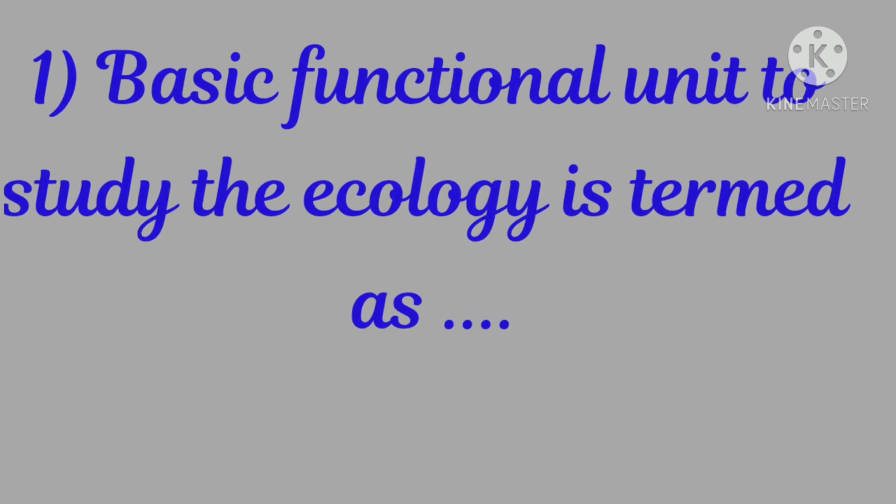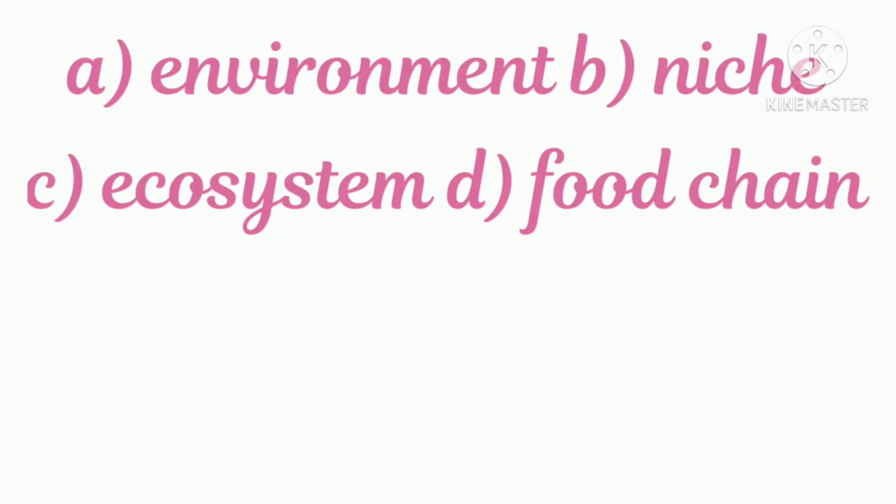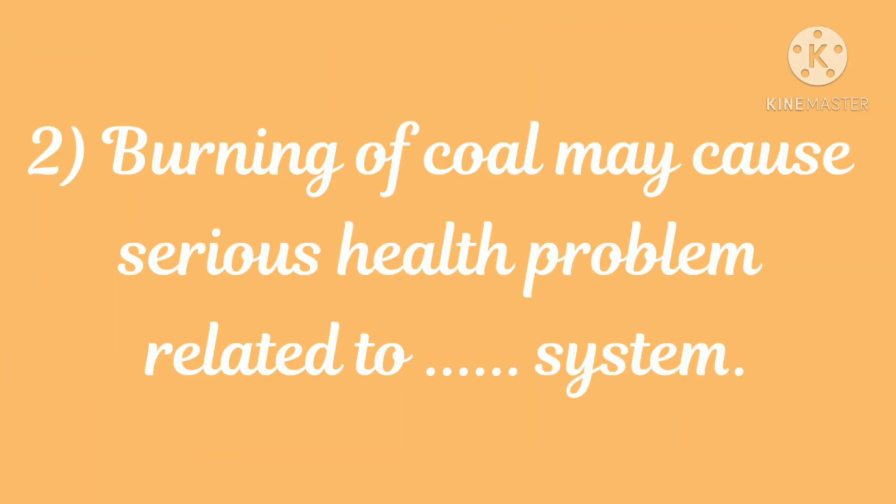1. The basic functional unit to study ecology is termed as dash. Options are A. Environment, B. Niche, C. Ecosystem and D. Food chain. Correct answer is option C. Ecosystem. 2.